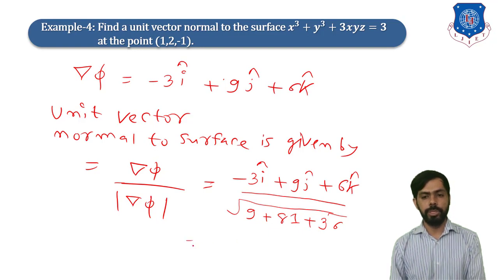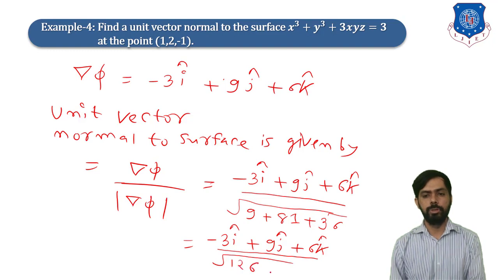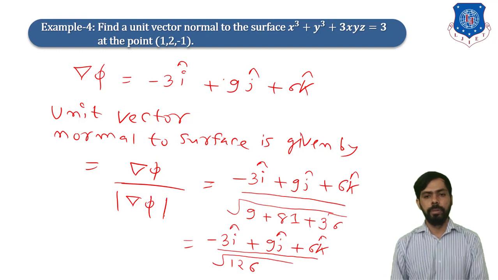So this will be minus 3i plus 9j plus 6k divided by square root of 126. This is the unit vector normal to the surface x cube plus y cube plus 3xyz is equal to 3 at point (1, 2, minus 1). So this is how we can find the unit vector normal to the surface.